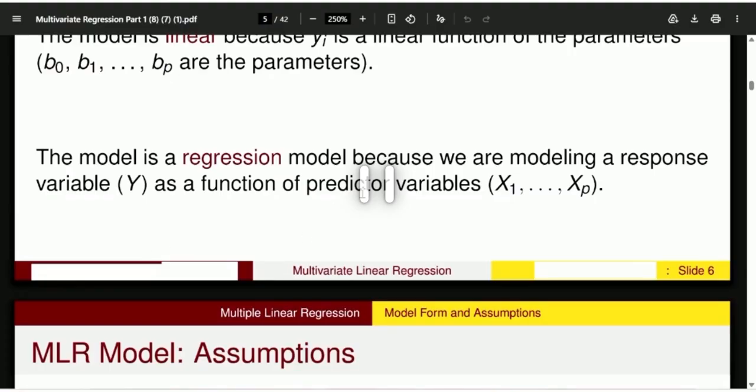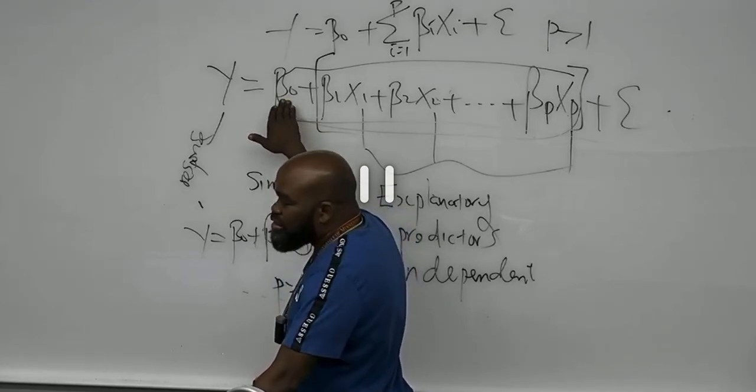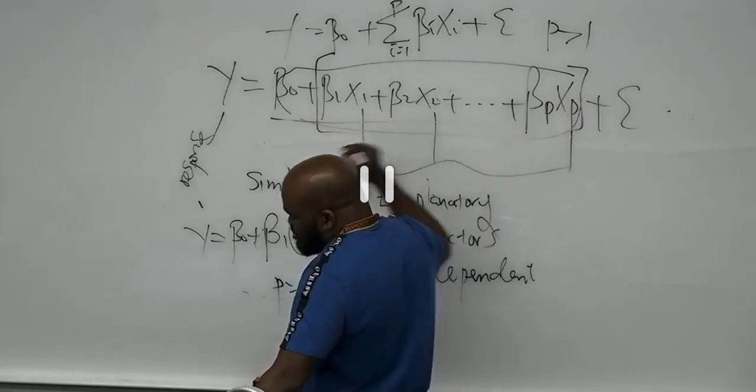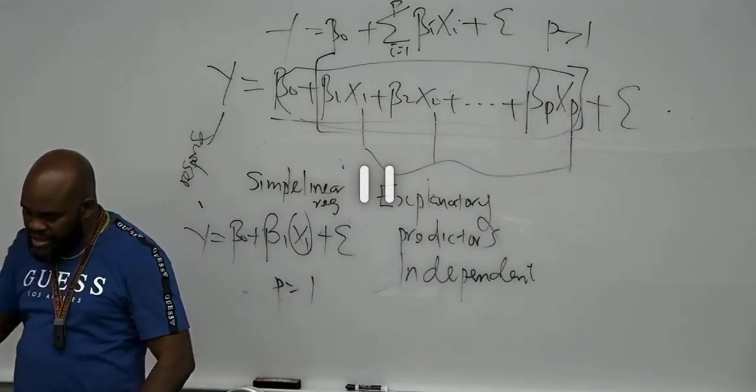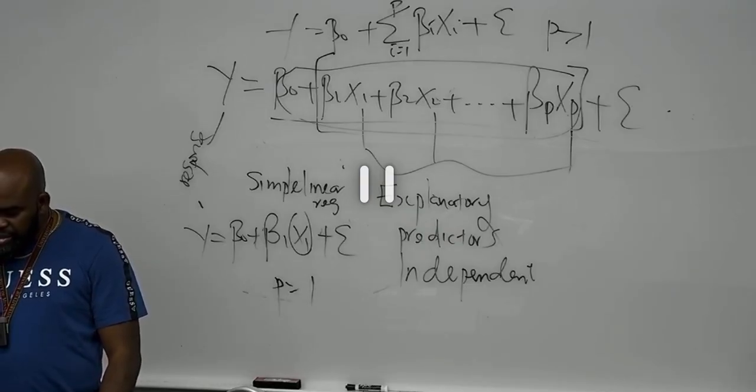What this statement is trying to say is that the response variable is a function of the independent variables. And not only that, we're going to have parameters in this model: the regression constant and the regression coefficients.